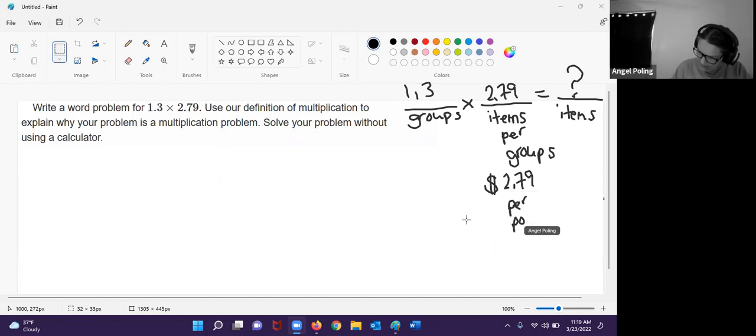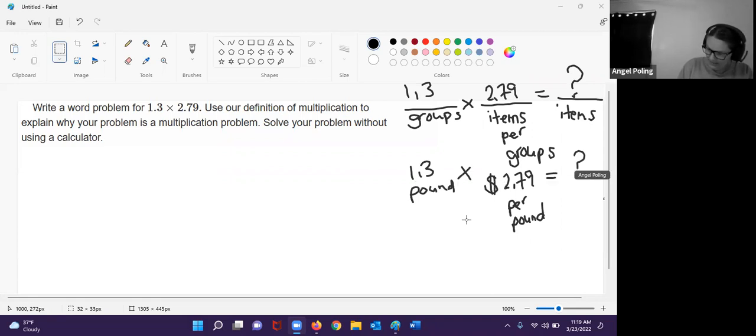Per pound. That would be then 1.3 pounds that we're buying. And we're asking then how much money are we spending, right? So as long as we set our question up to match this equation, it explains why our problem fits the definition.